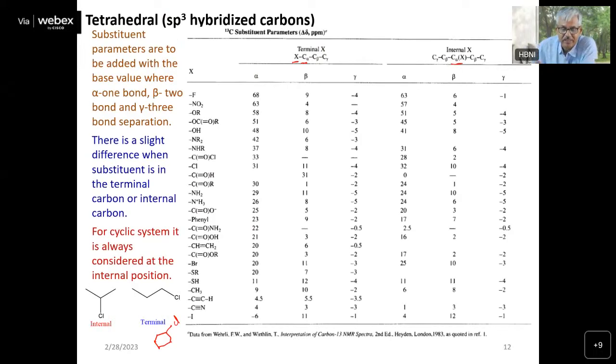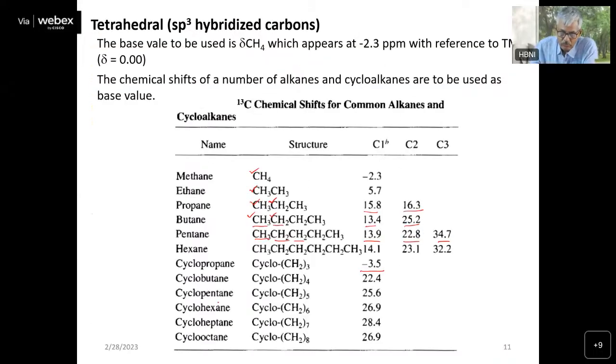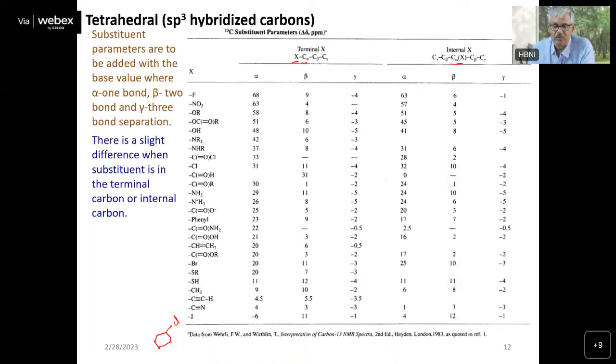Now let us see how to calculate this. Let us take the example of cyclopentanol. If you go to the previous slide, you will see the base value for cyclopentane is 25.6.